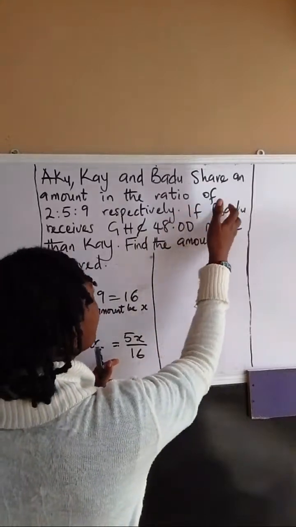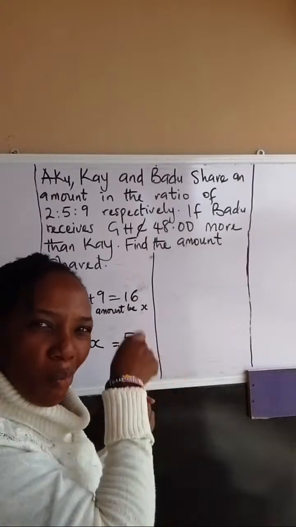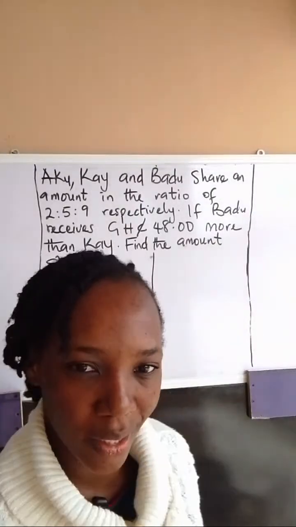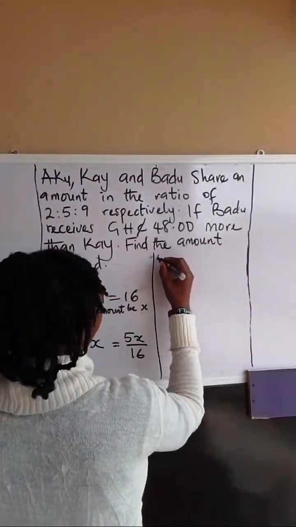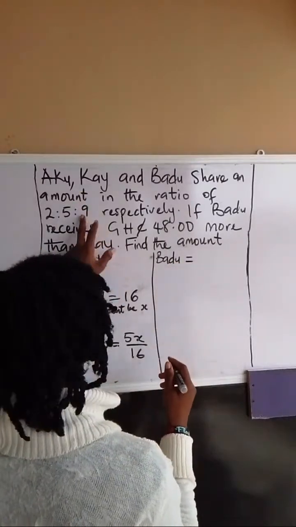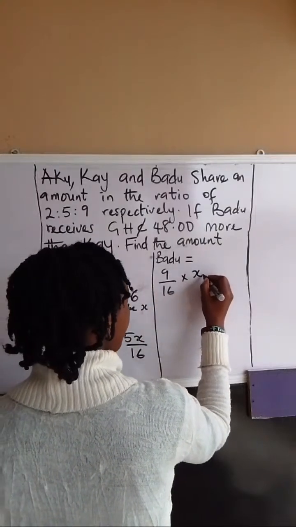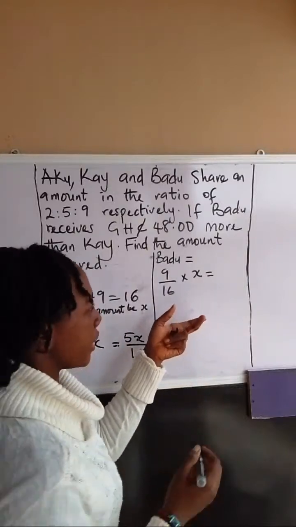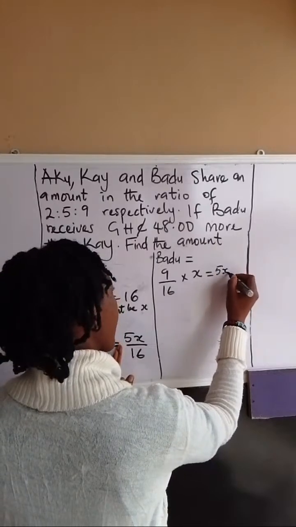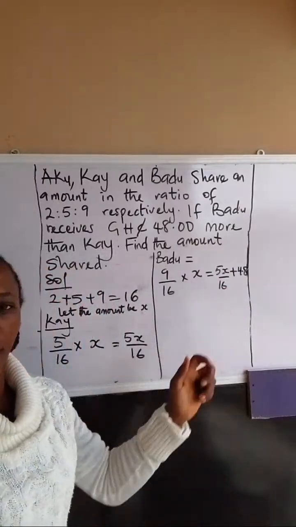So Badu receives 48 more than this. The sign we should use to indicate that is a plus sign. So we'll say Badu, which is 9 over 16 times the amount they shared, equals 5x over 16, which is K's share, plus 48.